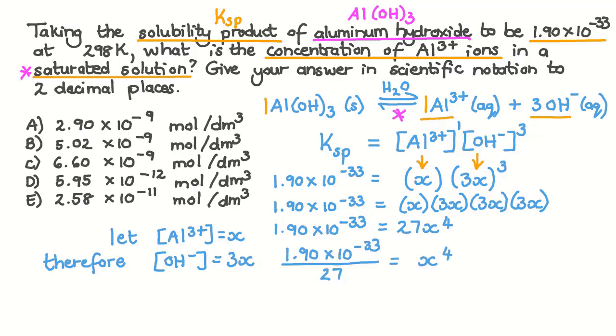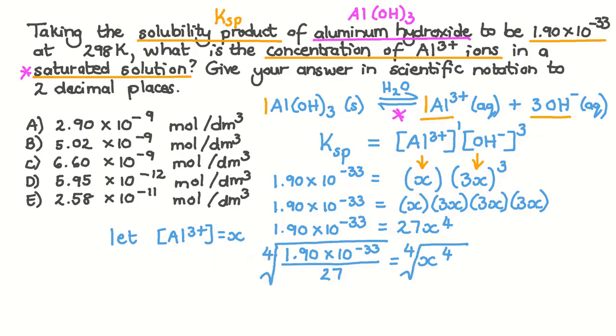So simplifying, we get 1.90 times 10 to the negative 33 divided by 27 equals x to the 4. To get rid of the fourth power, we take the fourth root of both sides. And this gives x equals 2.90 times 10 to the negative 9. Now x is equal to the concentration of Al3+, which is what the question was asking for.